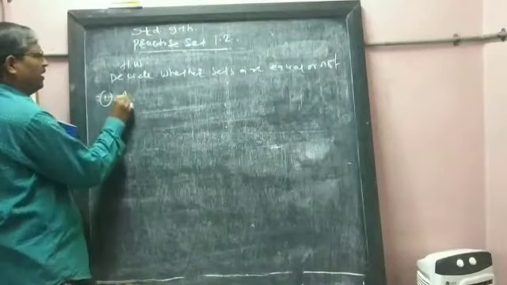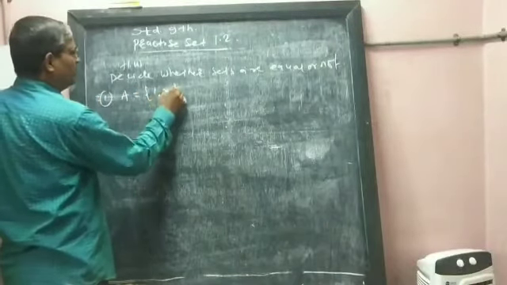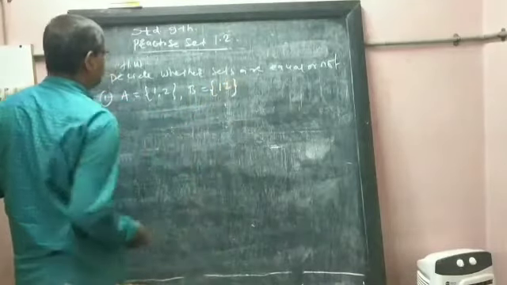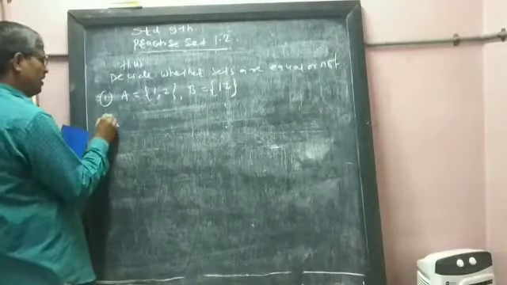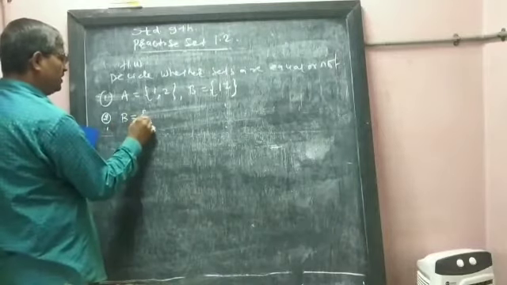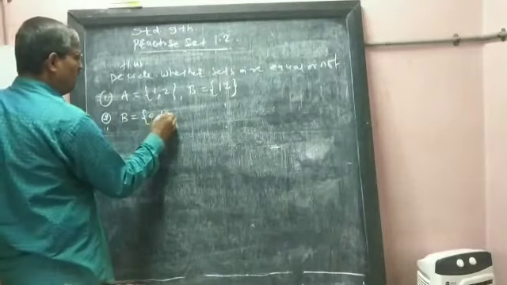First, A is equal to {1, 2} and B is equal to {1, 2}. Second question, B is the set {0, 1, 2, 3} and C is equal to {1, 2, 3, 0}.